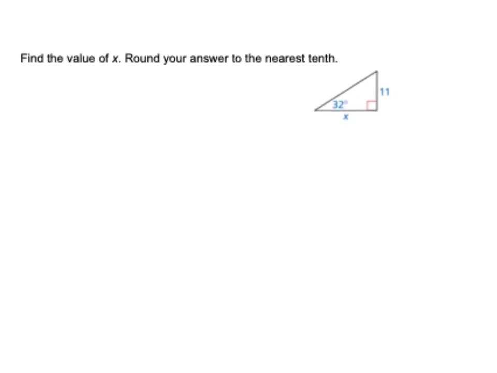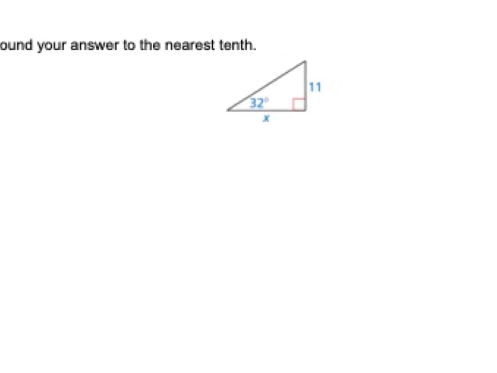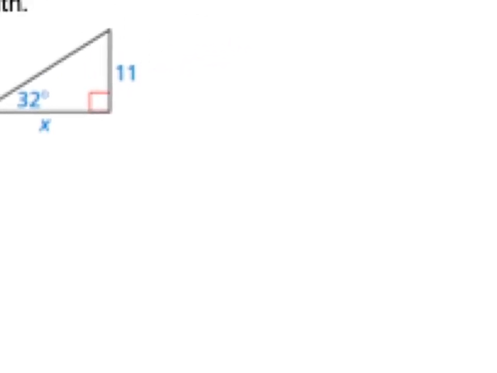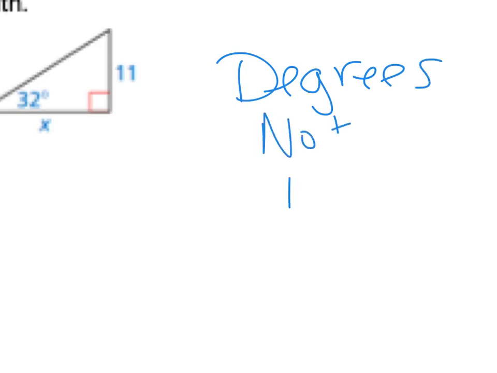You are going to need to use your iPad calculator, or a calculator in the room if there are calculators in there. But you have to make sure, can't stress this enough, you will get all wrong answers if this isn't done correctly. You need to make sure that your calculator is in degrees, not radians. On your iPad calculators, look in the upper left-hand corner, and it should say DEG.